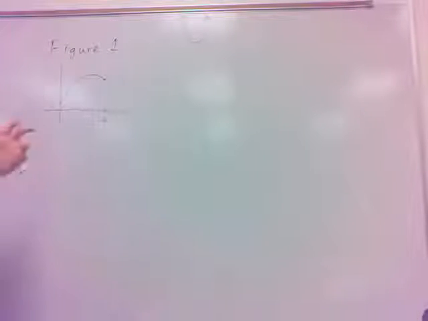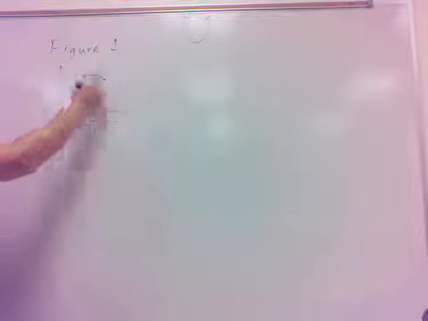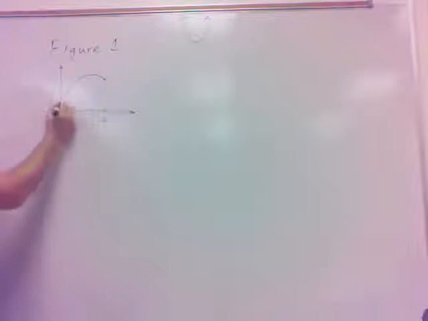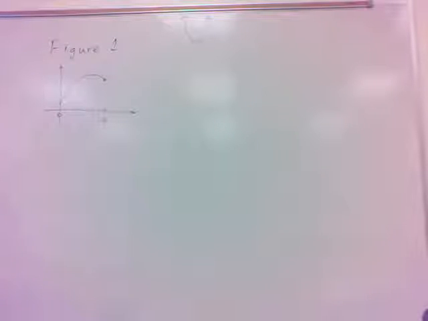Well, this one, they have specified the domain. In other words, we're not going anywhere besides between 0 and 6 on the x-axis. You see what I'm saying? That's designated because I've got the dots, so it's a start and a stop. That one doesn't have a start and a stop, right? This one does. So that's the first thing.